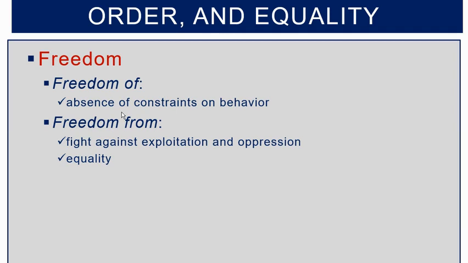Okay, that's freedom of. Now, freedom from is a newer concept, and this was a concept that Franklin Roosevelt, when he was president, really made popular. In fact, there is a set of posters that were produced by Norman Rockwell in the 1940s. The first one is a picture of people praying, and it says, "Save freedom of worship, buy war bonds." This was to promote supporting the war effort.